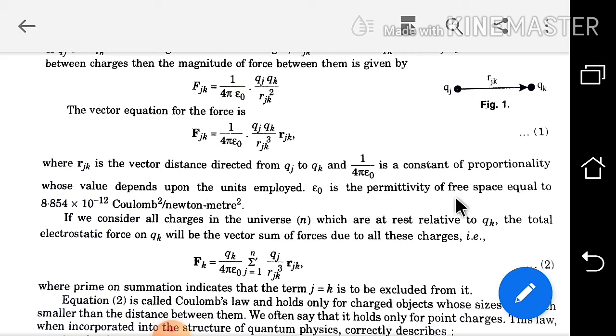Epsilon naught is the permittivity of free space, equal to 8.854 into 10 to the power minus 12 Coulomb square per Newton meter square.